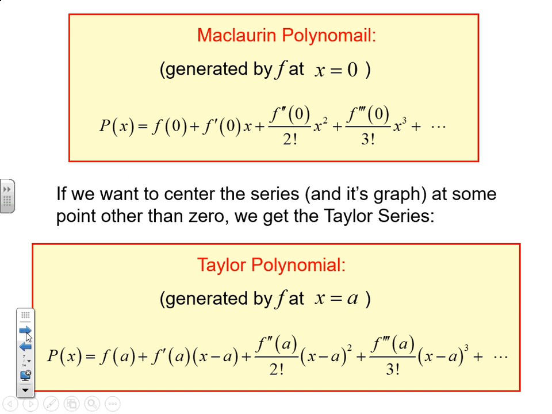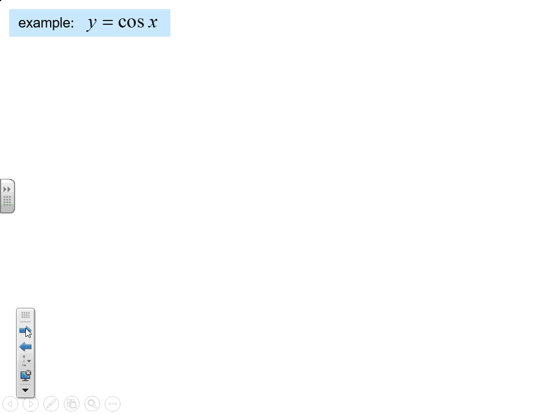This one won't. I do want to point out that if we are centered at a non-zero number, we're evaluating at that value, and instead of x, we have x minus a. We are going to write a Maclaurin polynomial here.